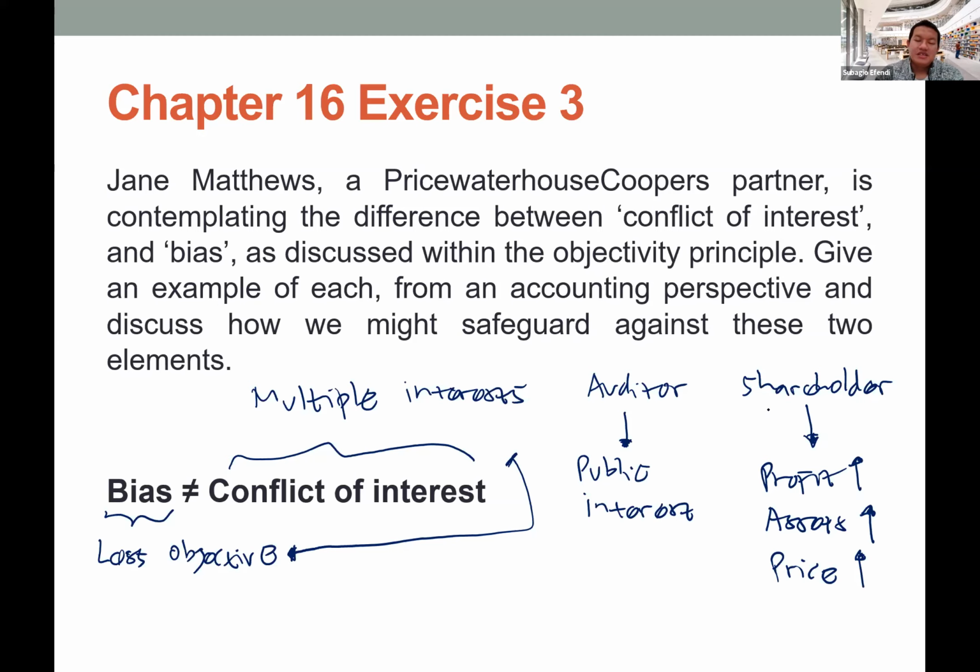So you can see there are conflicting interests when the auditor also owns the shares of the client. This kind of conflict of interest will result in a biased decision or biased opinion. That's why in general, if the auditor has some conflict of interest, he or she should refuse the audit engagement or any other engagement.